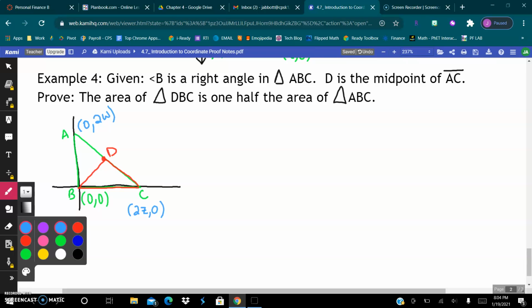So those are the ordered pairs that we know. So we're going to have to find the area of the large triangle ABC. So we're going to do 1/2 times base times height. And how far we go over is our base. So to get to point C, we have to go over 2Z. So that base is 2Z.